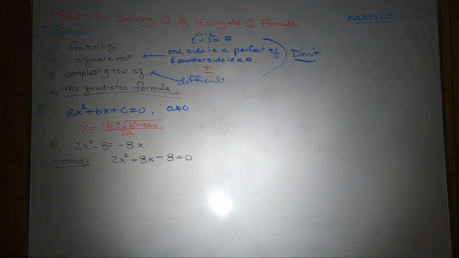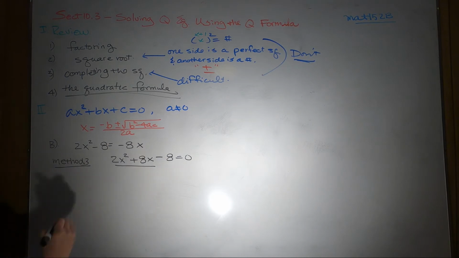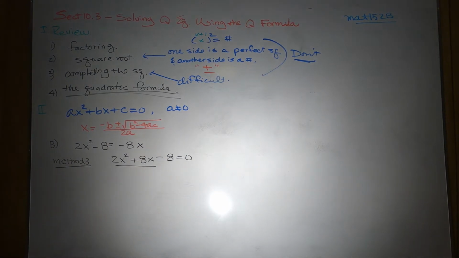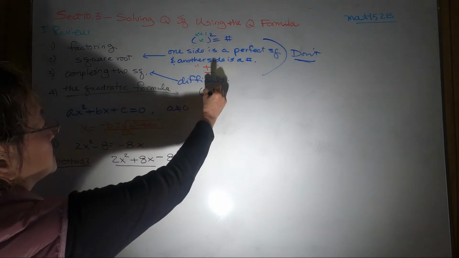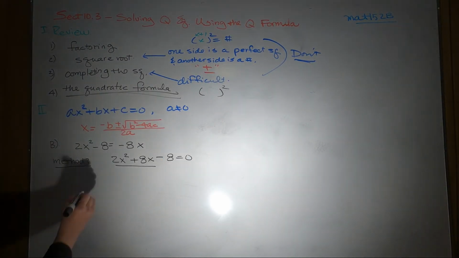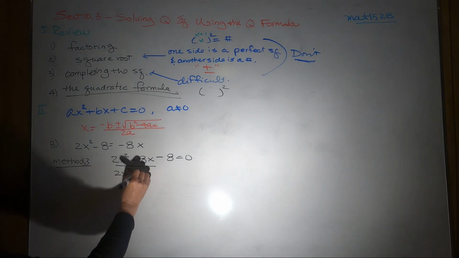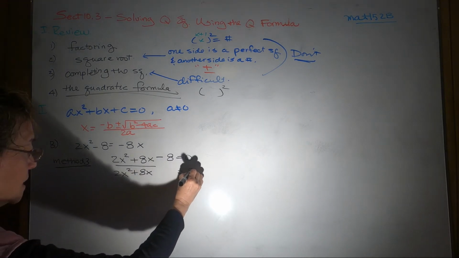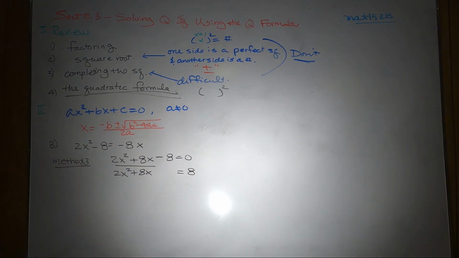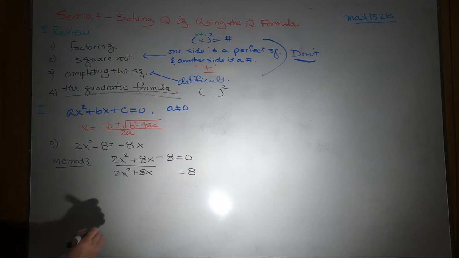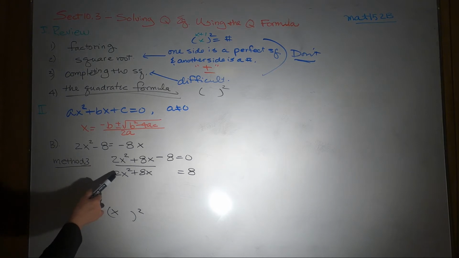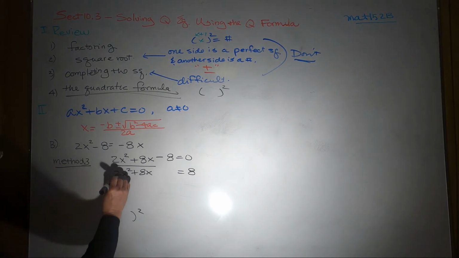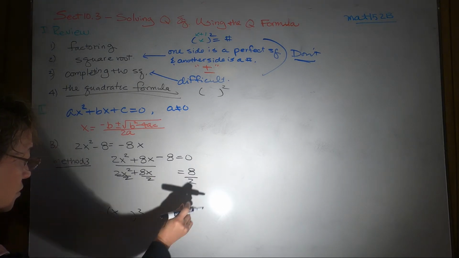For completing the square, we use the two x terms first and move the number to the other side. We want to make something squared with the x inside, so we don't want to have a 2 there. We divide by 2.